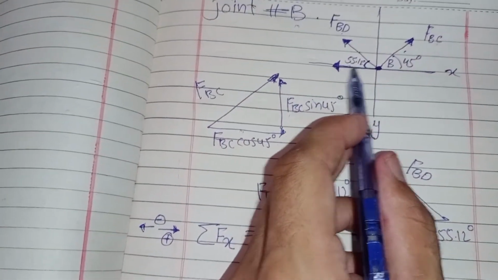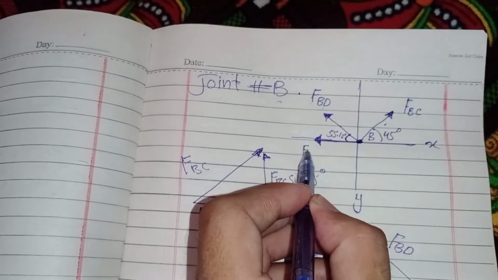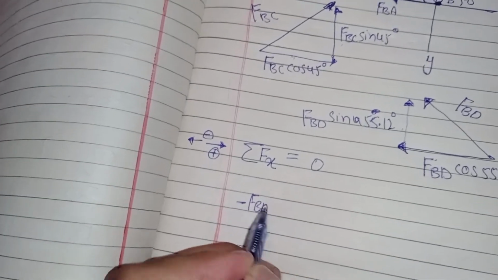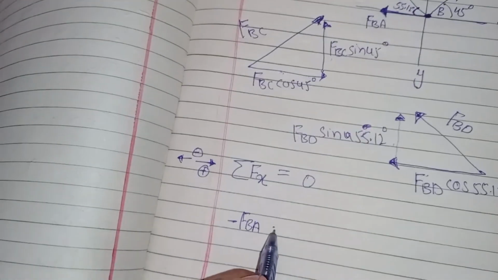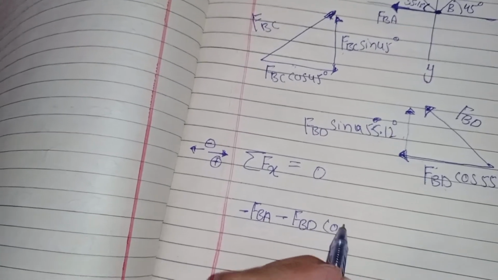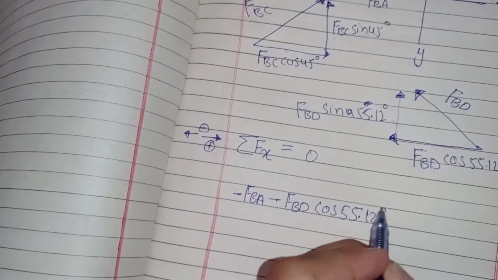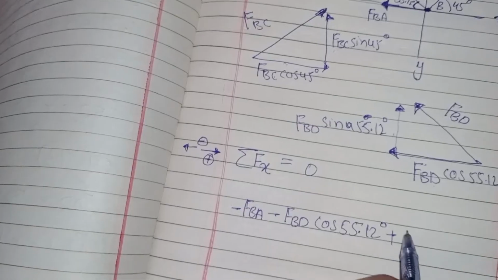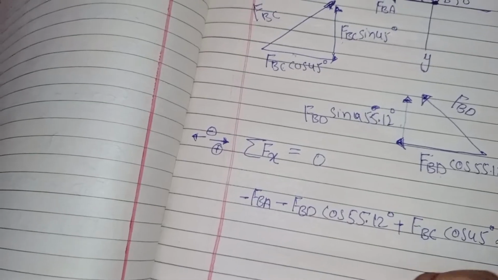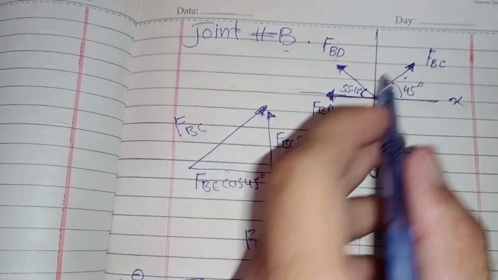So negative FBA, again negative FBD cos 55.12 degree, and positive FBC cos 45 equal to 0. And I also assume that all these forces are in tension.